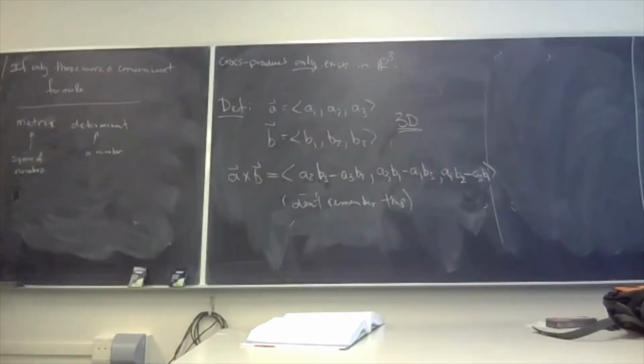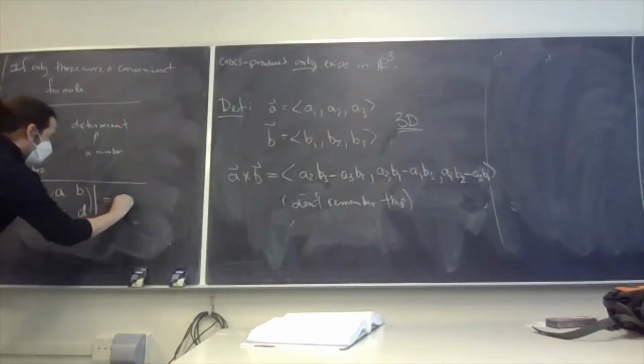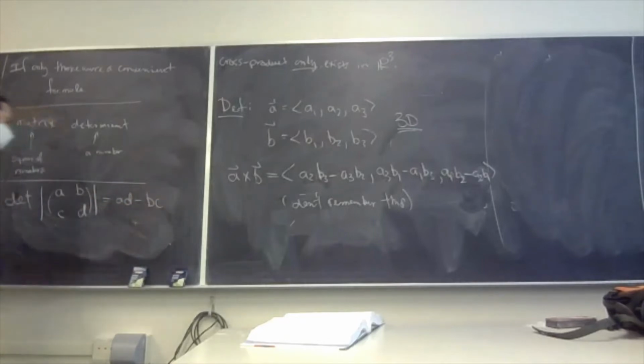For us, it's just a way of putting a matrix in and getting a number out. So I'm just going to define the determinant of the 2 by 2 matrix. The determinant of the matrix A, B, C, D, this dude right here is a matrix, array of numbers, is defined to be AD minus BC.